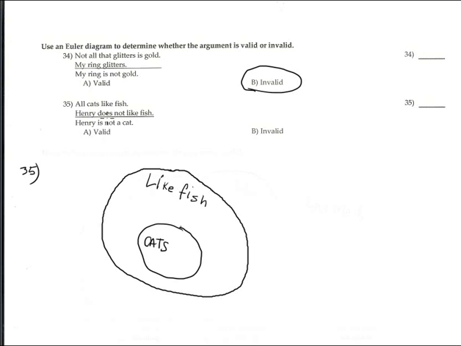The second premise is Henry is not live fish. That means Henry is completely outside the set of the live fish. Now the conclusion is Henry is not cat. It's obviously completely valid, because Henry is never inside the set of the cat. This argument is valid.